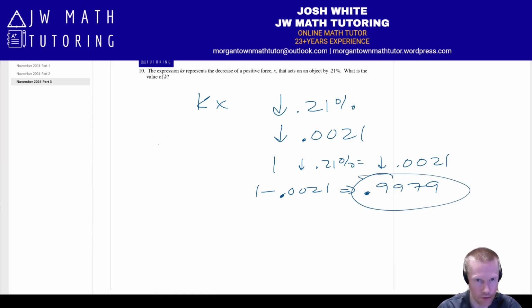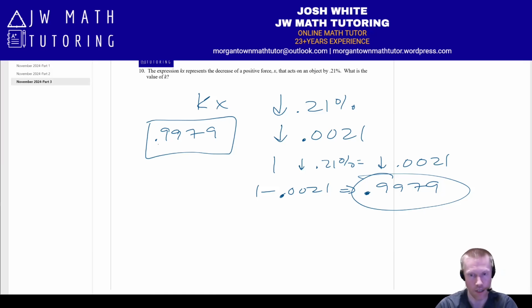In other words, if you had some force and you multiplied it by this, the new value that you got would be 0.21% smaller or decreased from the original value, or 0.0021 less than that. So this is just the answer right here. I guess it would only be 0.0021 less than that if we're starting at 1.